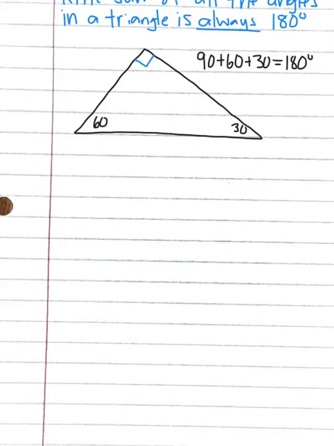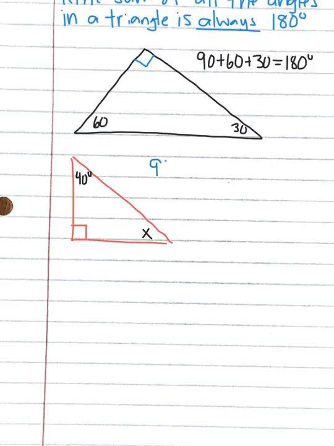So say, for example, we have another right triangle, but this time we know that this angle is 40 degrees, and this one is labeled angle X. Since we know that all angles have to add up to 180, what we can do is add what we know.